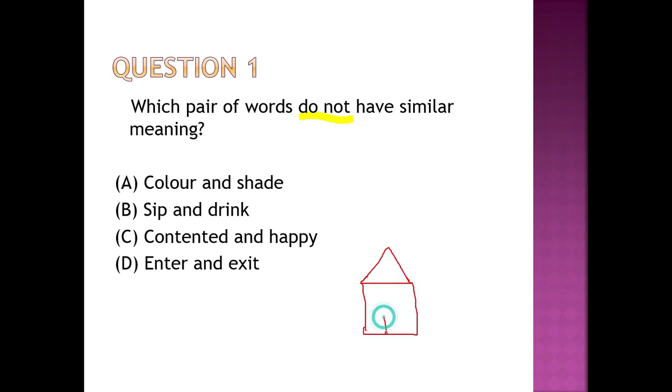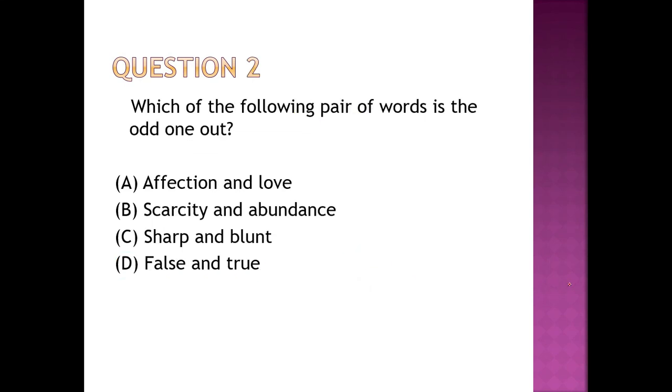When you are entering a room, what does it mean? It means that you're going in, right? But if you are exiting a room, what does it mean? It means that you're going out. So the answer to question 1, the pair of words that do not have the same meaning, is enter and exit. Let's move on to the next question, question 2.